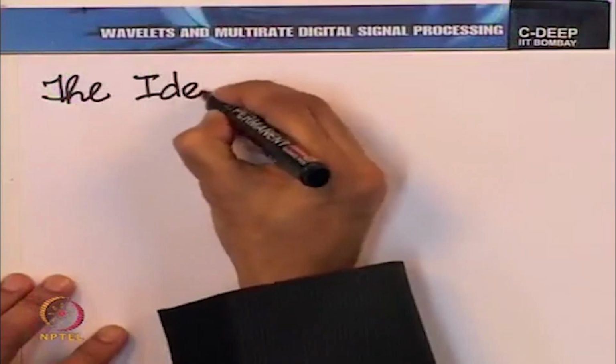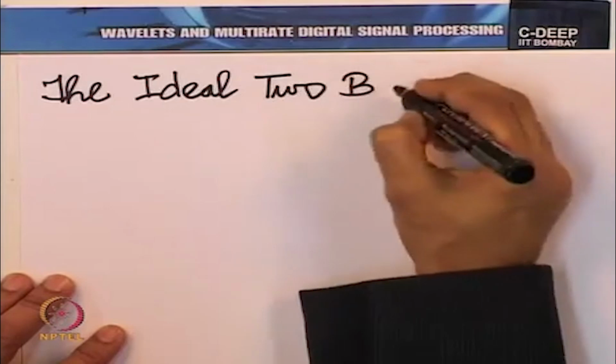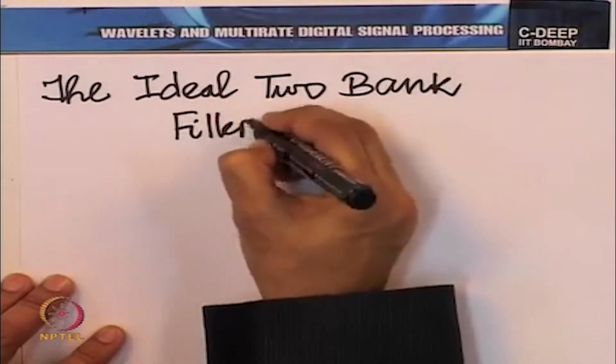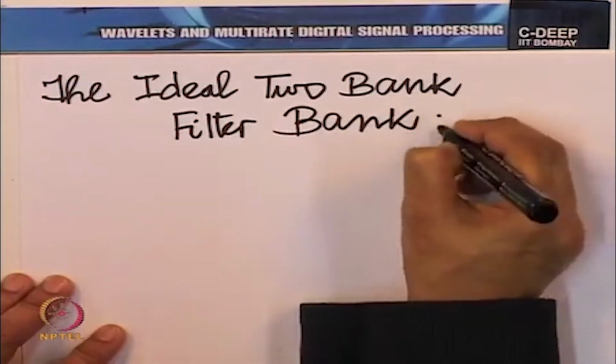So, the ideal 2-band filter bank would have the following structure.